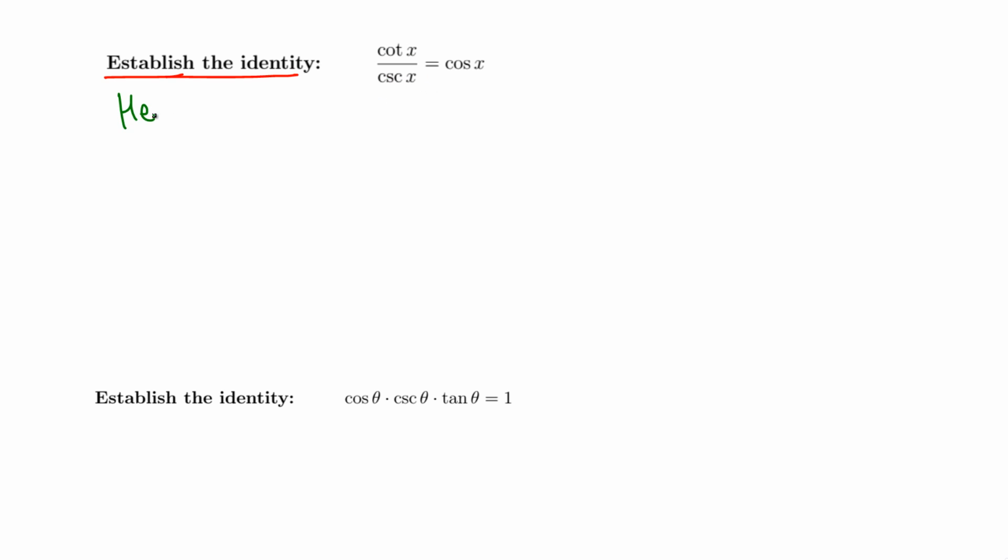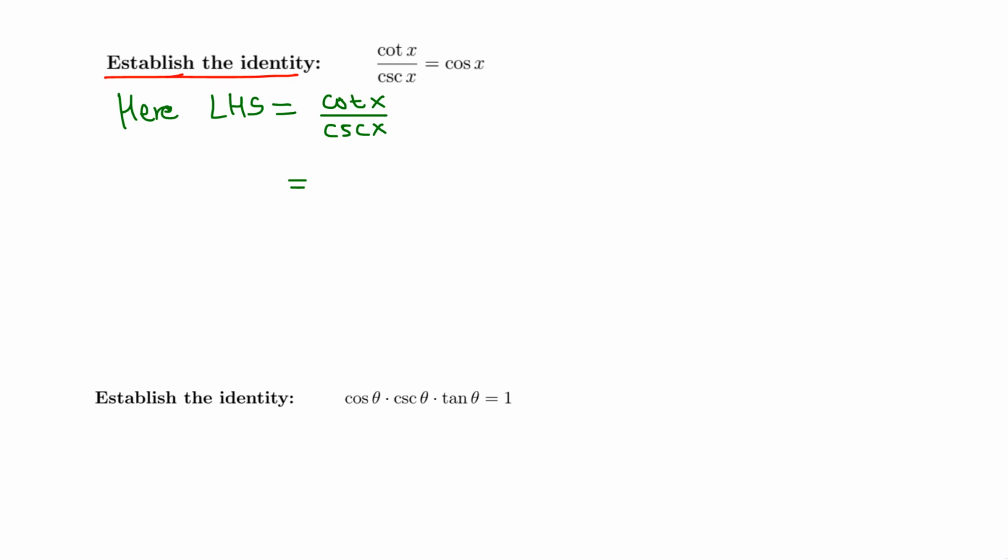So here, left hand side, in short LHS, or just left side, is cotangent x over cosecant x. And whenever we have some trig functions, we try to write them in terms of sine and cosine.